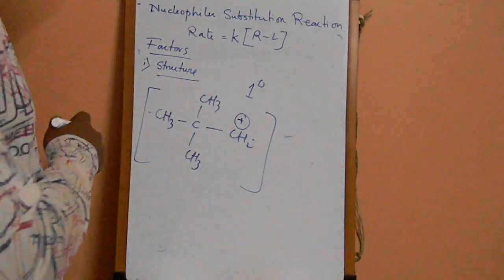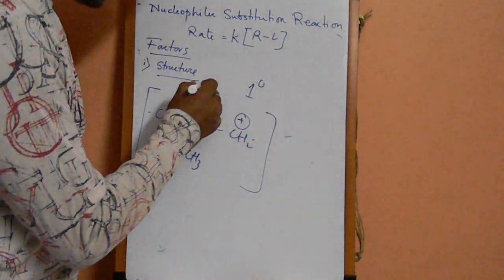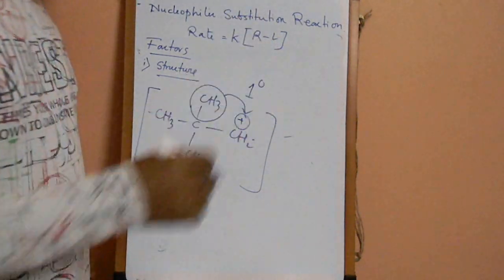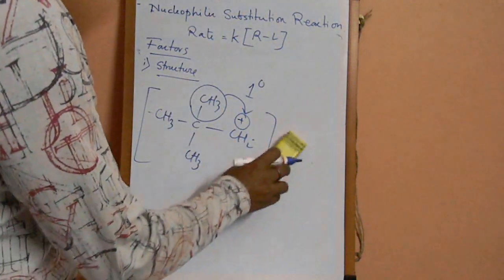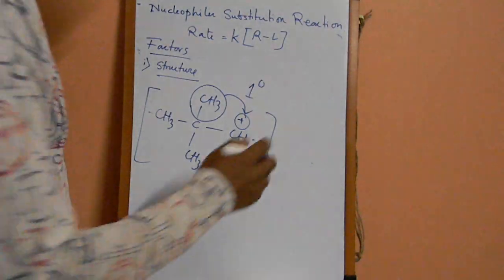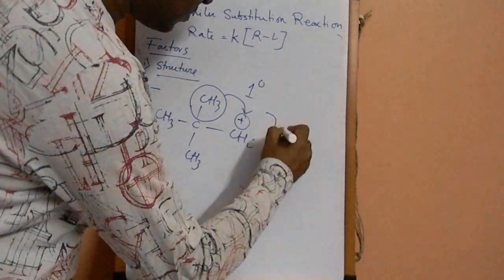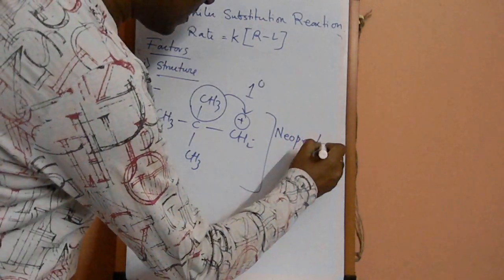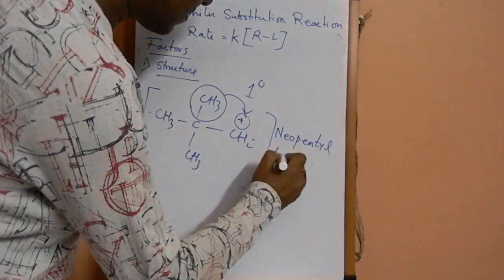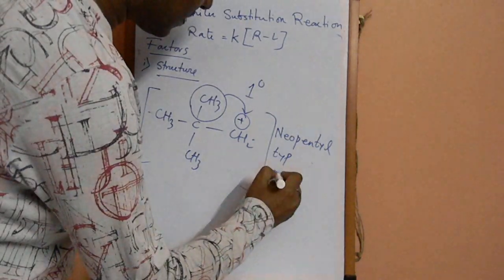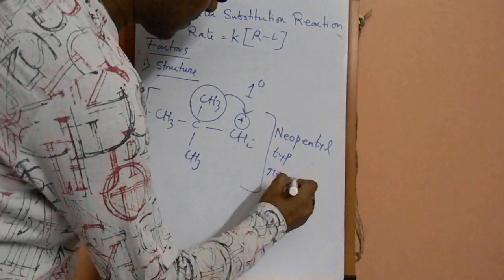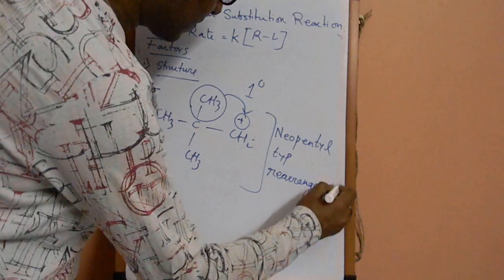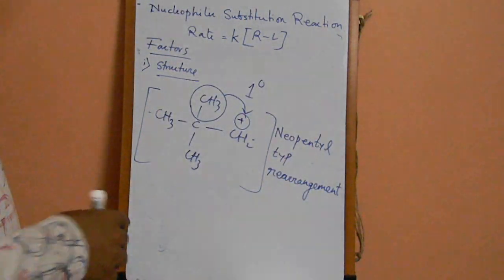The actual product comes via migration of this methyl group, and this type of migration is called neopentyl type rearrangement. Why is it so?